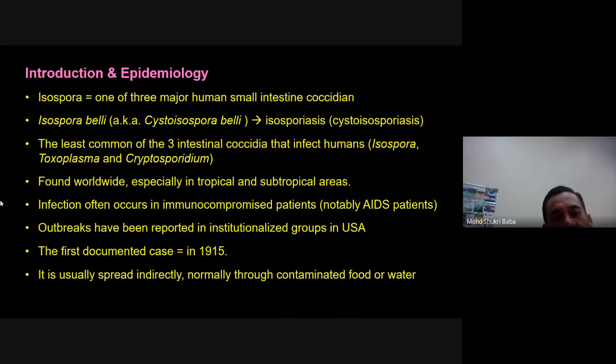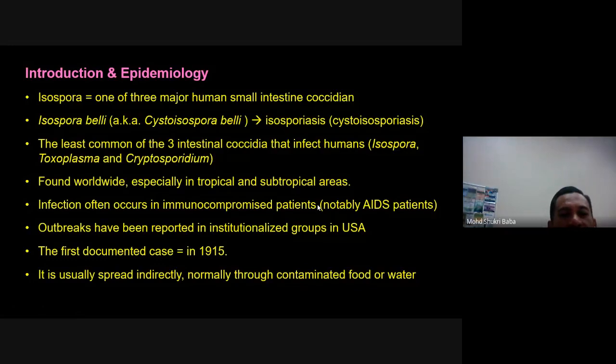Basically, dia di kalangan mangsa-mangsa yang berkelompok, yang berpusat macam tu, such as dekat marhalah, dekat tadika, dekat pusat jagaan orang-orang tua, so that's area yang basically akan berlaku infection of isosporiasis.